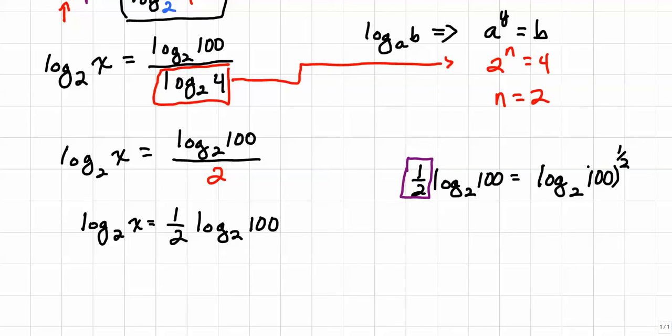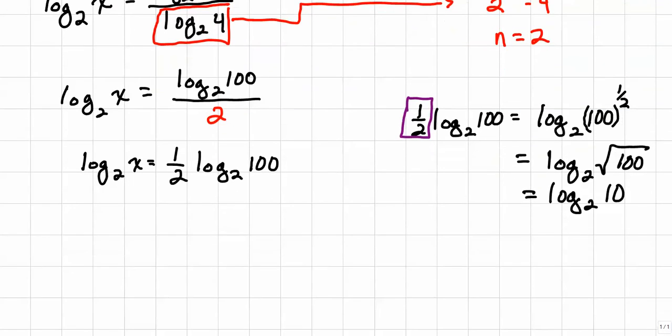And this 1/2 definitely works on just the 100. But since 1/2 as a rational exponent is the same thing as the square root, I have log base 2 of the square root of 100. And the square root of 100 is 10, so this is equivalent to log base 2 of 10.